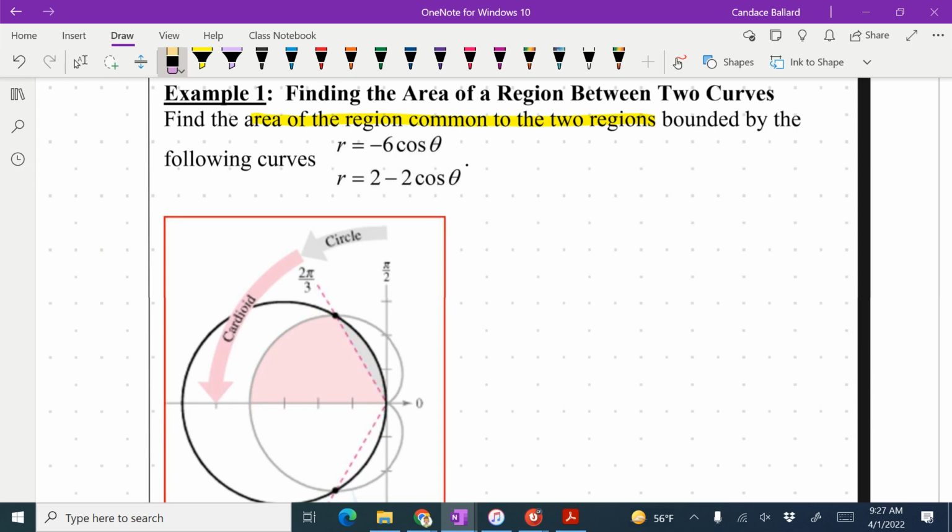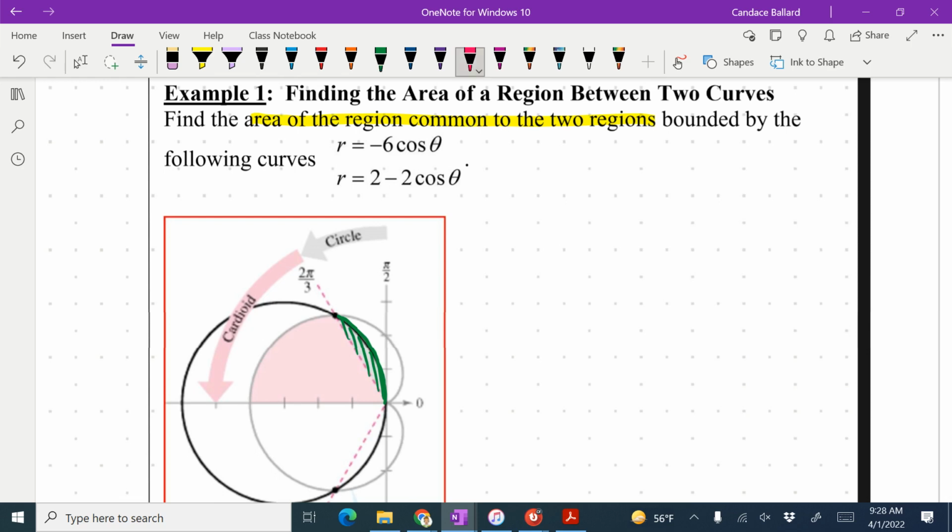Let me explain the 2 integrals. I would pick a color if you've got colors. I'm going to go green. Right here, I'm going to do this top half. Notice that my curve is the black circle. If I'm taking my little can of spray paint and spraying all the way up to 2 pi over 3, that is just the area of the black circle.